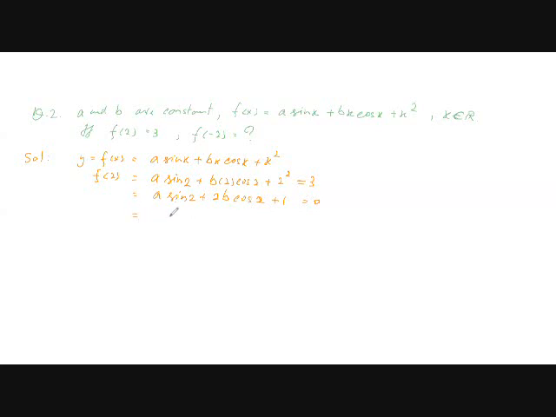Then from here I can write it down: a sine 2 plus 2b cosine 2 equals negative 1, right? Yeah, you can keep either factor first, either form.